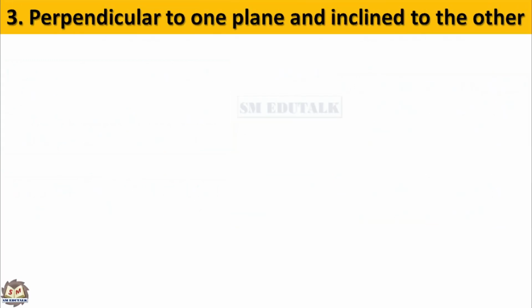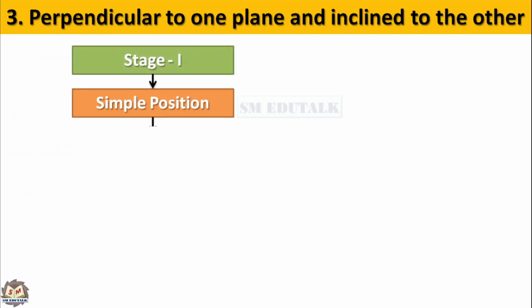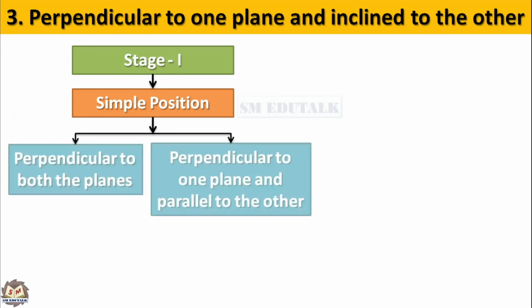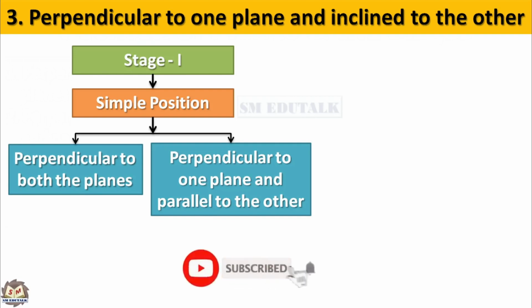As I said, if you get a question from this position, you have to draw the projections in two stages. In stage 1, draw the plane in simple position. The first position, perpendicular to both the planes, and the second position, perpendicular to one plane and parallel to the other, are called simple positions.